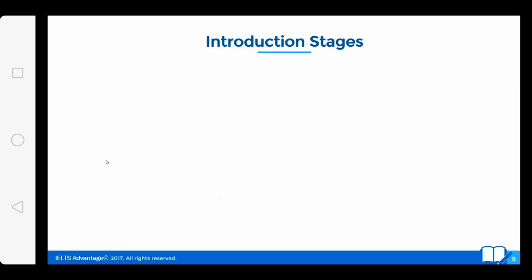Okay, so let's now break down the introduction. Let's think about the different stages of writing an introduction. So the first stage is thinking about the question, analyzing the question, understanding the question. It's impossible to answer a question if you don't understand it. That sounds very, very obvious and very simple, but it's so true.